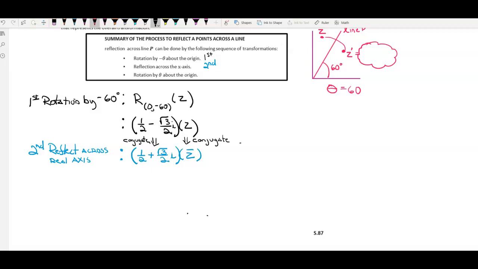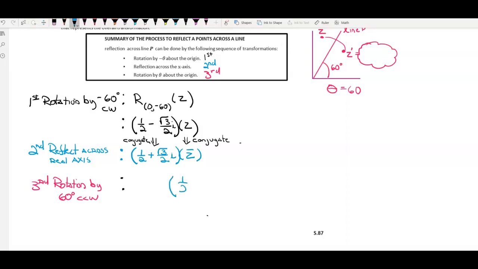Okay, third step. We're going to rotate by 60 degrees. So remember that 60 means counterclockwise. Negative 60 up here, that's clockwise. Okay, so to rotate something 60 degrees, I'm going to take where I'm at.